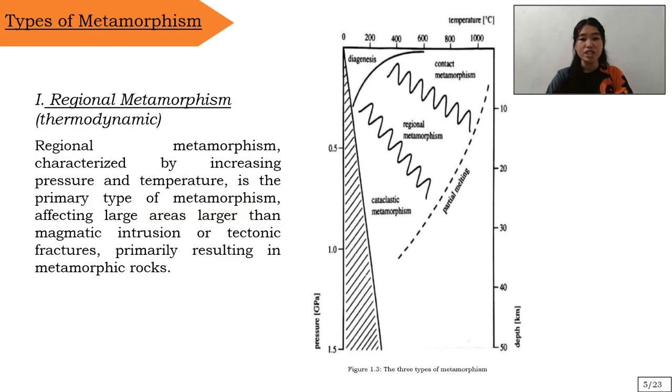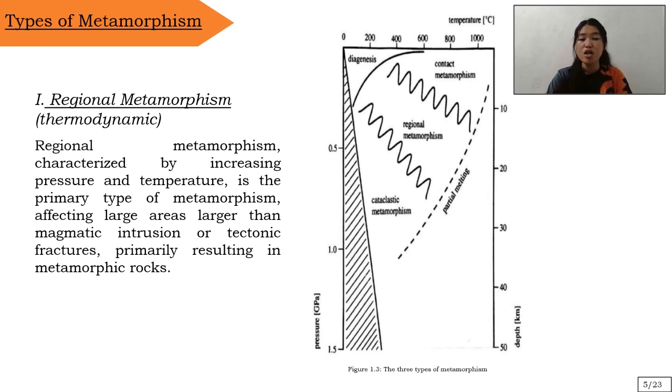So the first one is regional metamorphism. Regional metamorphism is often referred to as thermodynamic metamorphism because it involves changes in pressure and temperature conditions over a large geological region. The term thermodynamic emphasizes the role of energy and heat in the metamorphic process, and in regional metamorphism, rocks undergo transformation in response to changes in temperature and pressure, following the principles of thermodynamics.